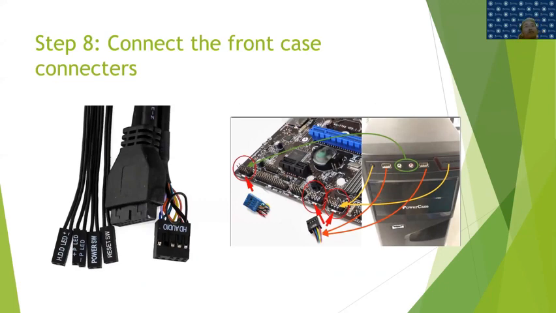Next, we're going to connect the front case connectors. Our case also has things such as I/O ports and the power button that need to be connected to the motherboard as well. So here you can see on the left what these wires look like, and you'll notice that there is a polarity marking, like a plus or a minus, on the switches.